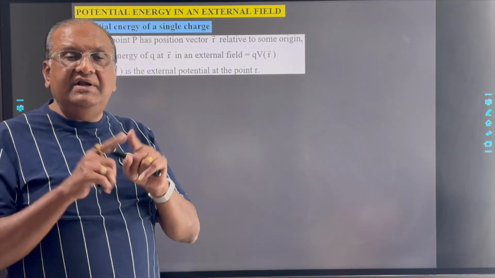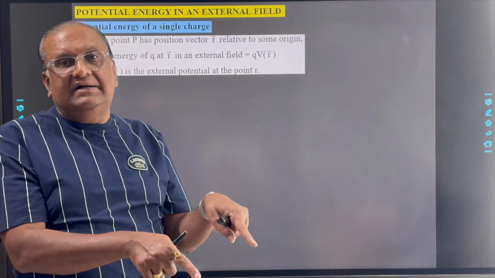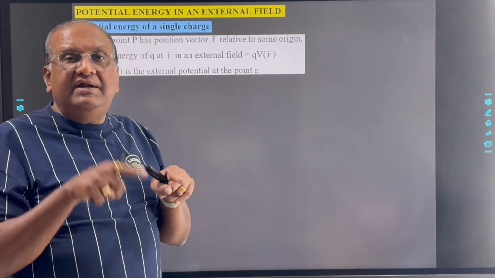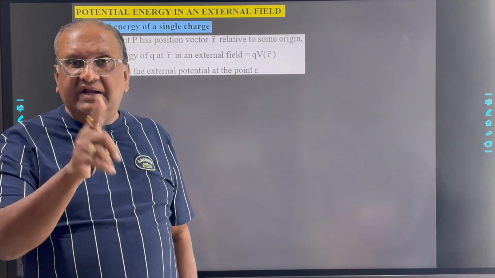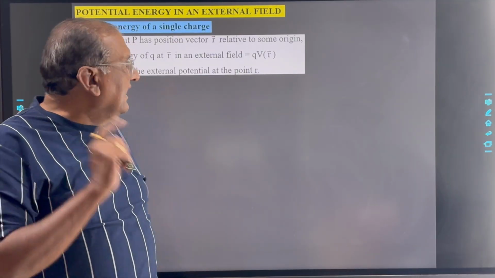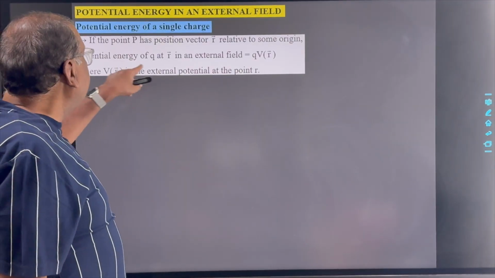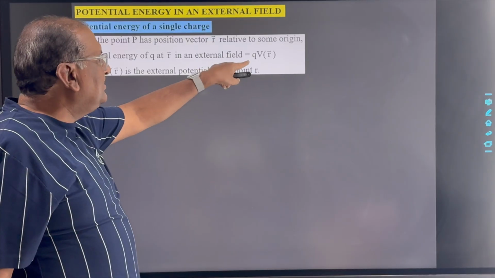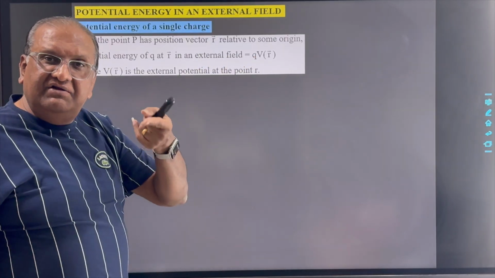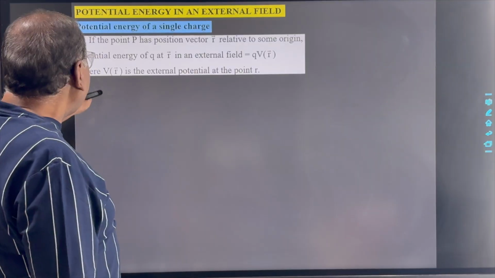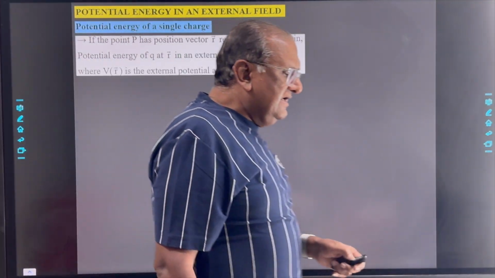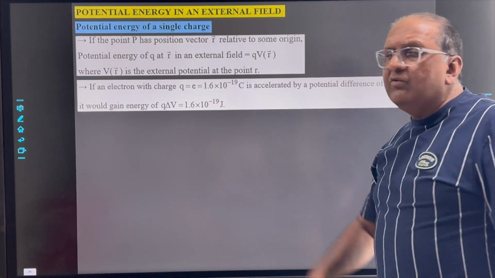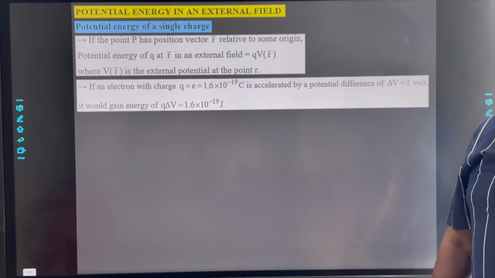Because now the electric field is already present. So if an electric field is present, then at any point in that electric field, definitely electric potential will be there. So here potential energy of Q at position R in the external field is Q into potential V at R.